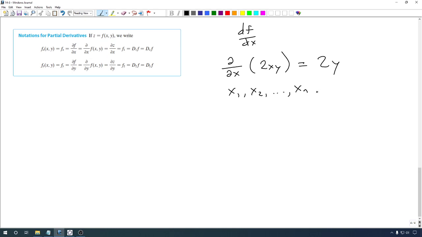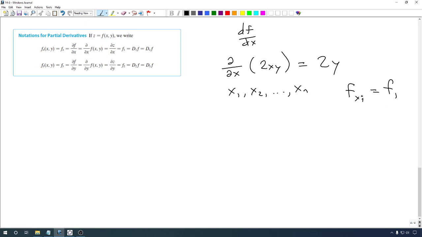Instead of x and y or x, y, and z, you might have x1 through some big xn. And then rather than writing something like f sub x1 or f sub x2, you might just write that as f1. That's where I see that more often than not.